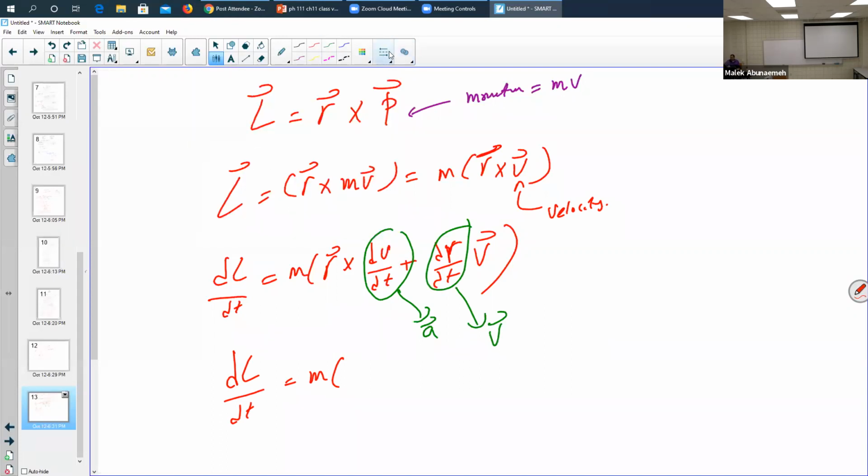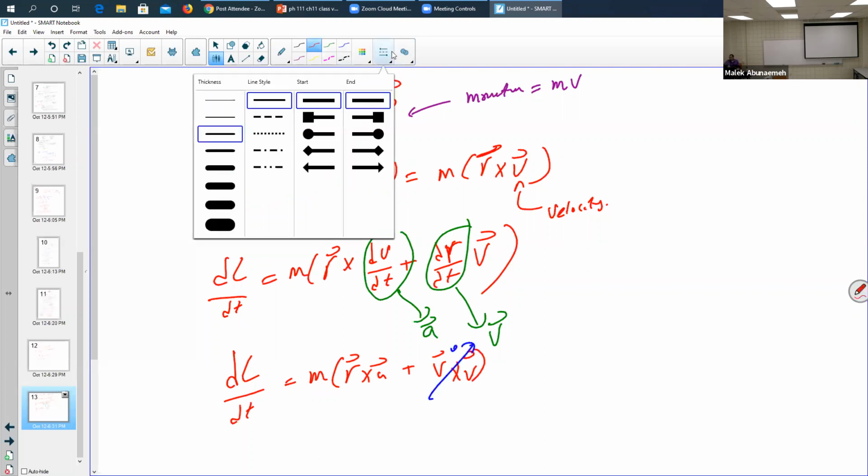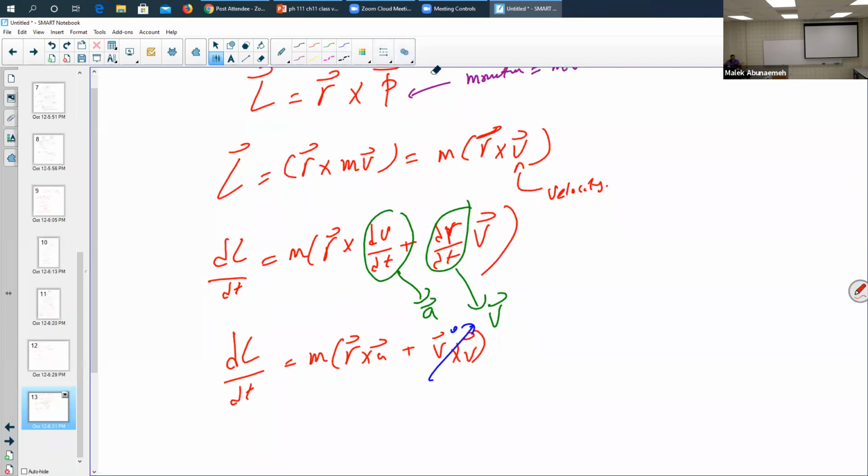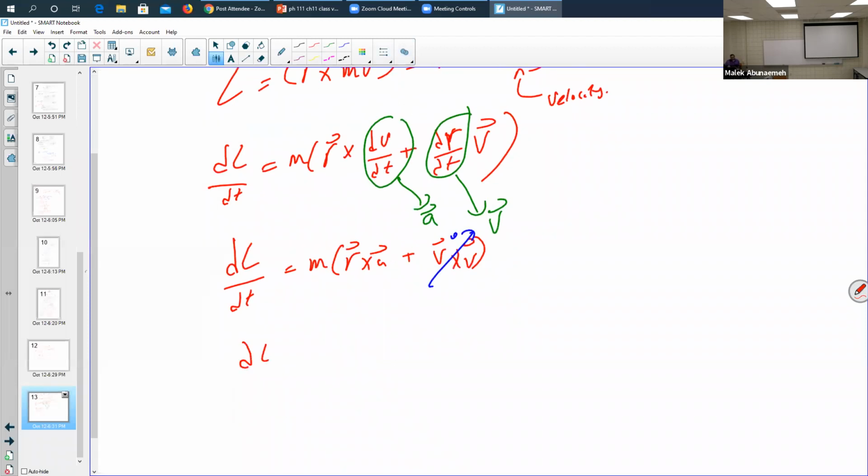That means dL over dt equals m times r cross a plus v cross v. Well, anything that crosses itself is going to equal 0. So your dL over dt is going to be m r cross a.